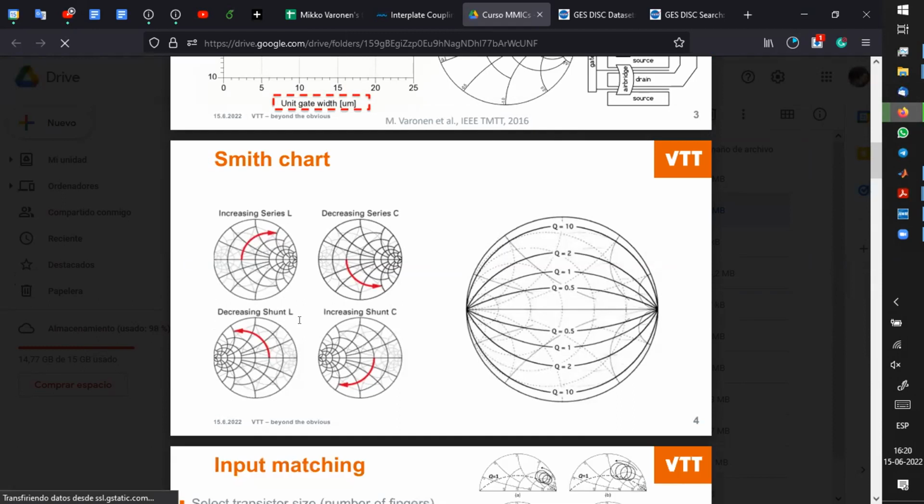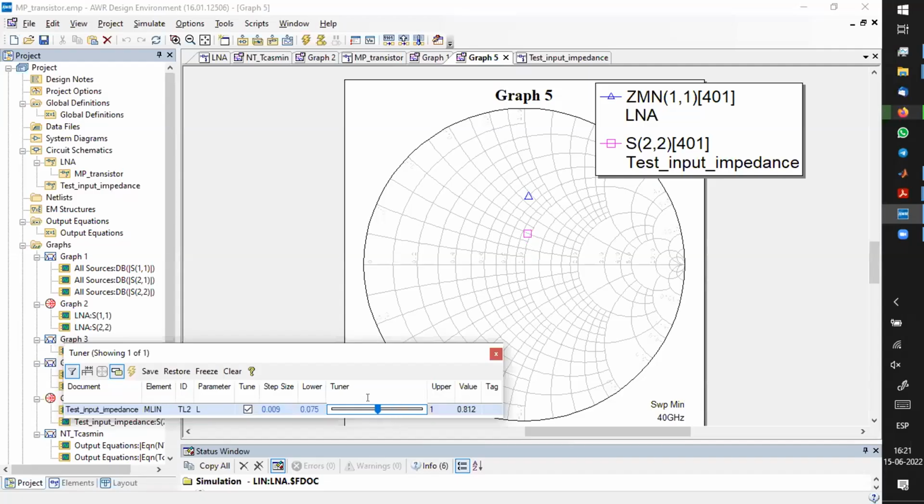So by decreasing the length there, if it's 1 micron long, you have shorted, so it goes to the short, right? So with this one, you can now, as you showed, tune it to a correct place on a Smith chart. Let's see. So can you show? Oh, so you're increasing the length. If you increase it, you go to the other direction. And decreasing, yeah. And increasing is the way.